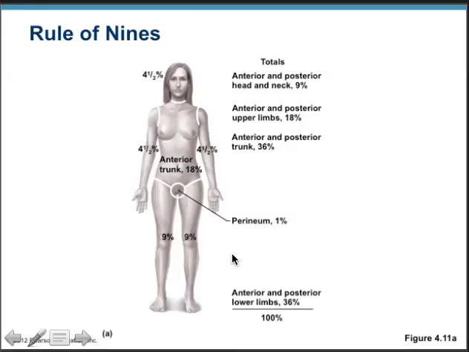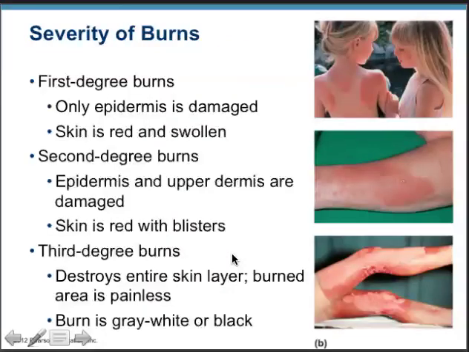And what we're looking at here are just some different types of burns. In a first-degree burn, only the epidermis is damaged. The skin will become red and swollen, but eventually that epidermal layer will peel off and be regenerated. In a second-degree burn, the epidermis and the upper dermis are damaged. The skin can become red with blisters.